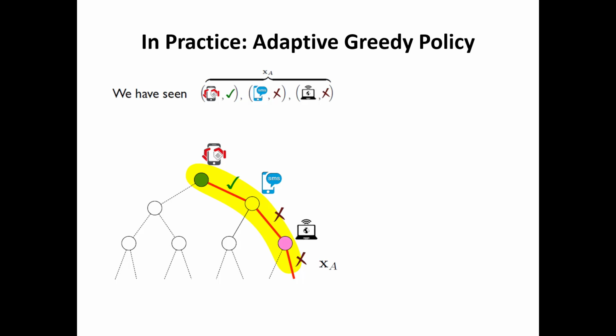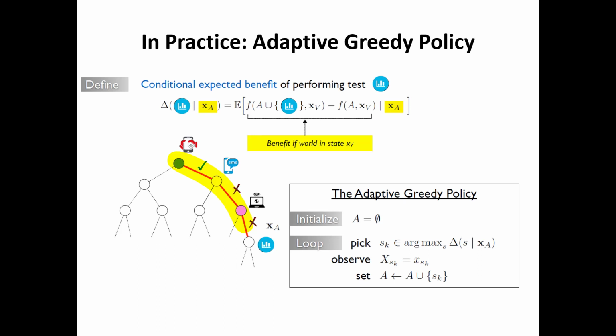Assume we have performed 3 tests and we have seen the outcomes, as you see here. Then we define a quantity called conditional expected benefit for performing a new test, which depends on a definition of an objective function f. This objective function specifies or measures the goodness or quality of a sequence of tests that are performed one after the other.